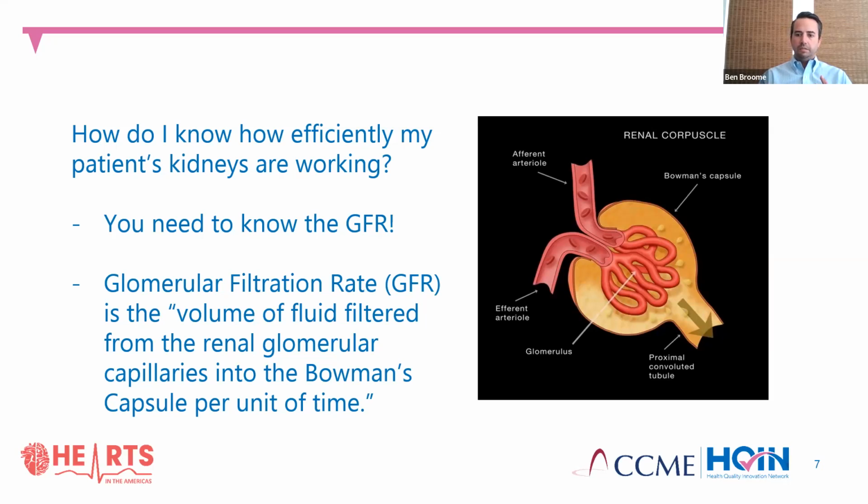You get the movement of toxins, waste products, electrolytes, a whole number of different things into that Bowman space, which is the beginning of the nephron. And then what blood is left leaves that glomerulus from the efferent arteriole. The rate at which that fluid is filtered from the capillaries into the nephron really determines how well the kidneys are working.